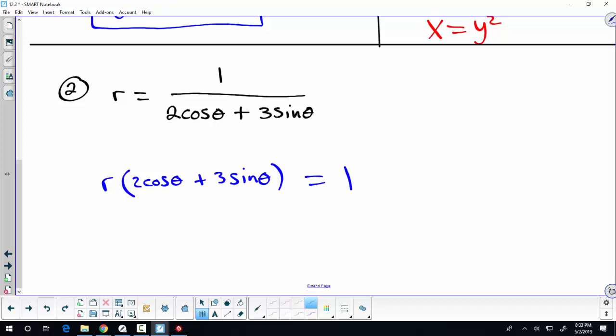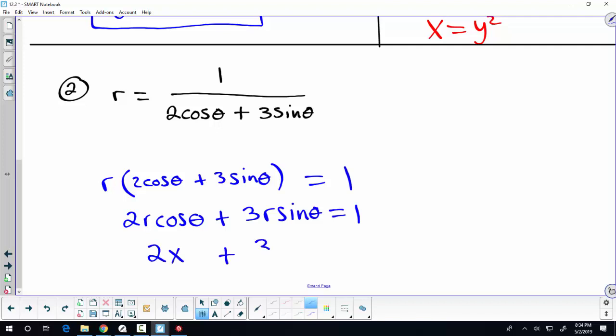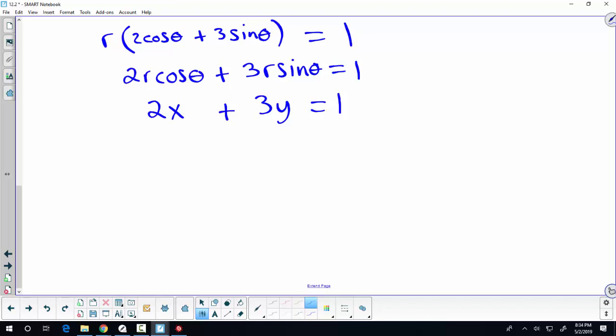So does that work for us? Once we distribute the r, we have 2r cosine theta plus 3r sine theta equals 1, which means we've got 2x plus 3y equals 1, which is our line, in slope-intercept form y equals minus 2/3 x plus 1/3.